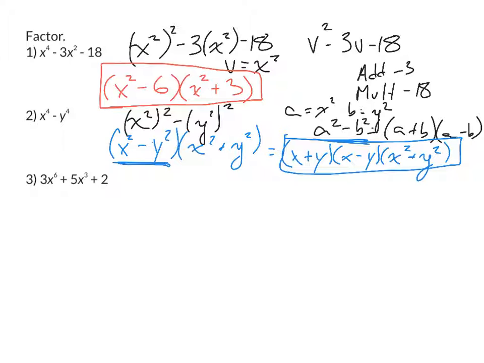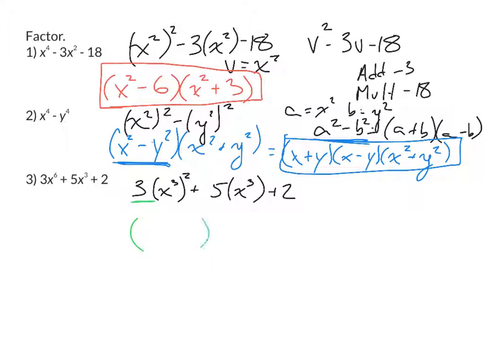Well, how about number 3? In number 3, I'm looking at this as 3 times x cubed squared plus 5 times x cubed plus 2. Now this one's a little harder because of the coefficient out front. That's a 3 instead of a 1.